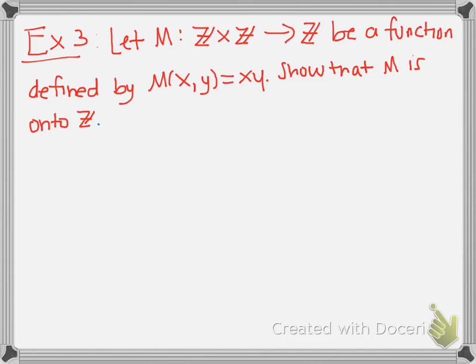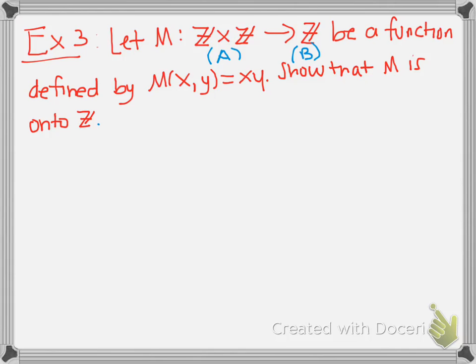This is something sort of different from what we're used to in terms of our domain and codomains, but I think it's an interesting problem to look at, and I think this might be from your book. Let M from Z cross Z to Z. So in terms of our definition, Z cross Z is our A, our domain, and Z is our codomain.